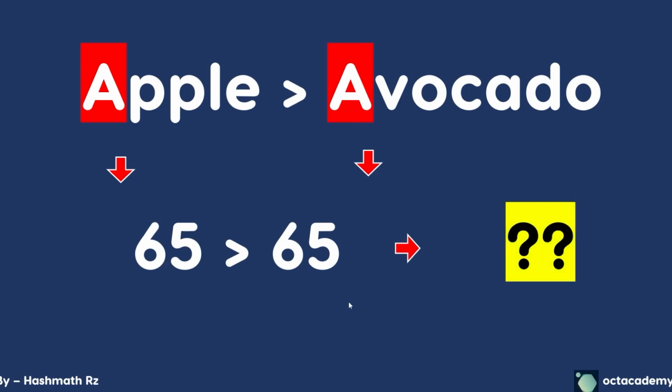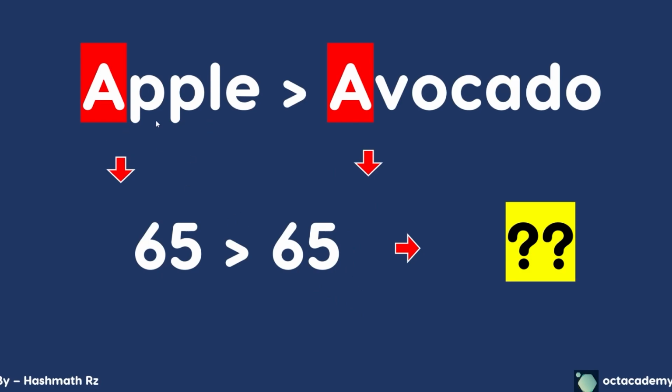So guys, in this scenario, where the first letters of the two comparison values are the same, JavaScript follows a different approach. When comparing two string values in JavaScript, if the first characters are the same, the comparison is based on the subsequent characters in the strings. So what is this?